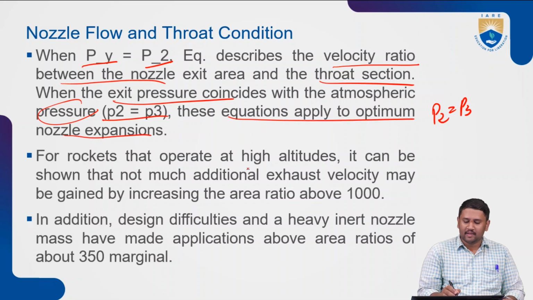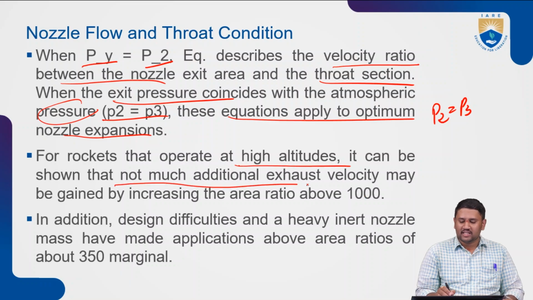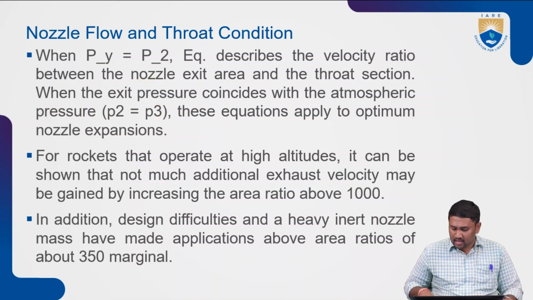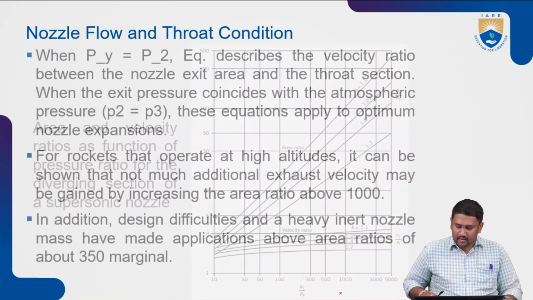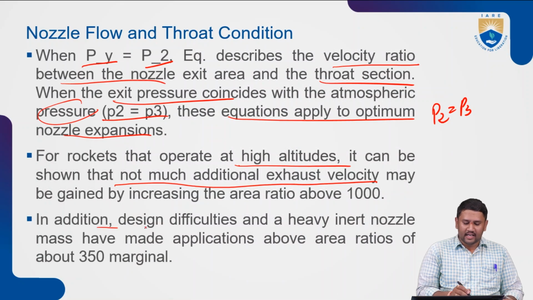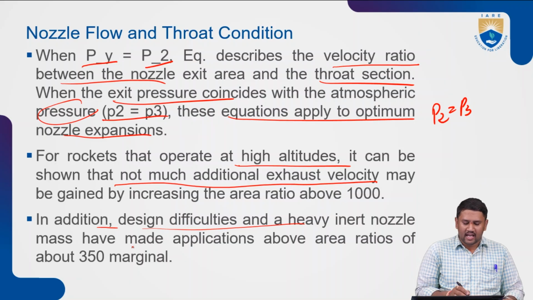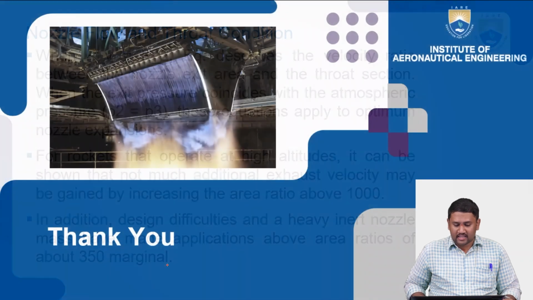For rockets that operate at high altitudes, it can be shown that not much additional exhaust velocity may be gained by increasing the area ratio above 1000, right? And in addition, the design difficulties, particularly heavy inert mass, have made applications above area ratios of 350 marginal, right?